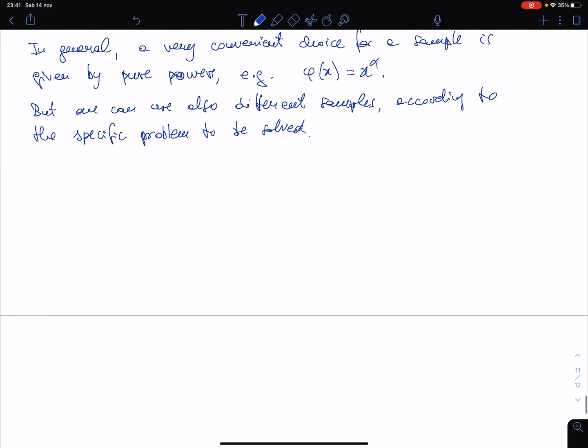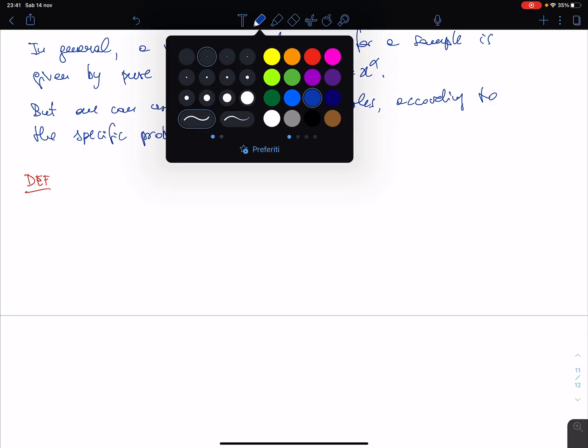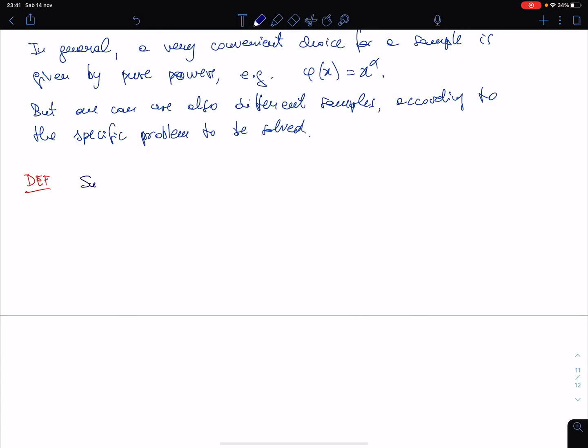Okay, definition. So suppose that function f is equivalent to some L function phi to the power alpha for x going to x bar, with L different from 0.